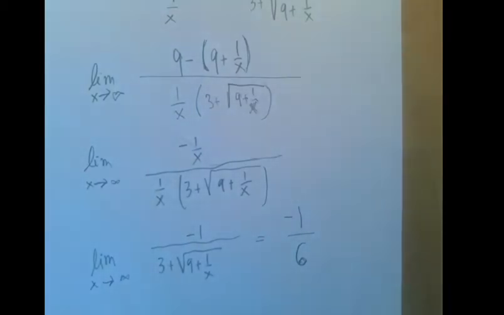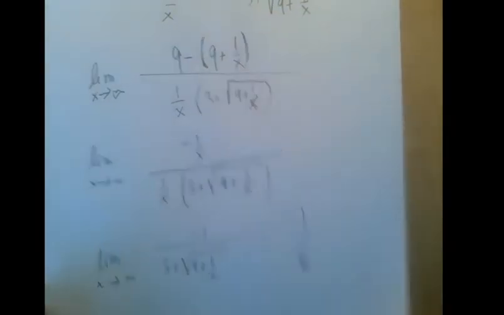So maybe we could. Now, one more thing, and I promised to do this one. So here is the limit as x approaches infinity of -1 over 3 plus square root of 9 plus 1 over x.